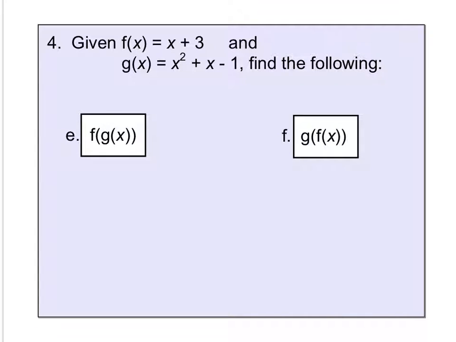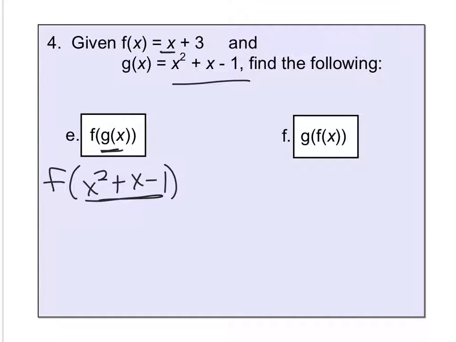This is called a composition of functions, and all I'm doing is putting one inside the other. So g of x is this. I'm taking f of x squared plus x minus 1. So I'm taking this function and I'm putting it in for x in the other function.